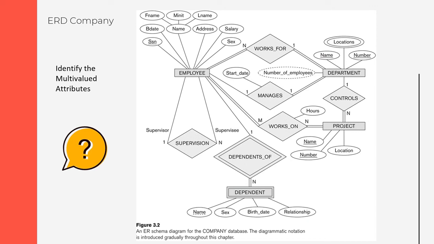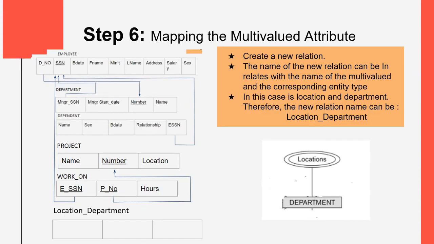Let's identify the multi-valued attributes. The multi-valued attribute here is location, with the corresponding entity being the department. Okay, create a new relation.